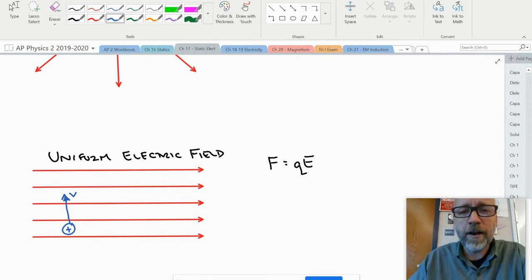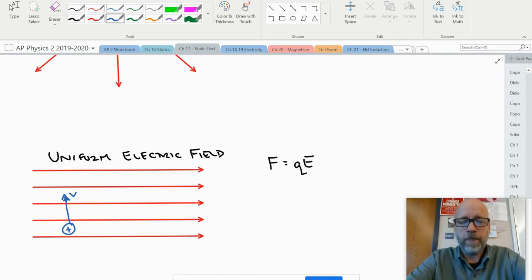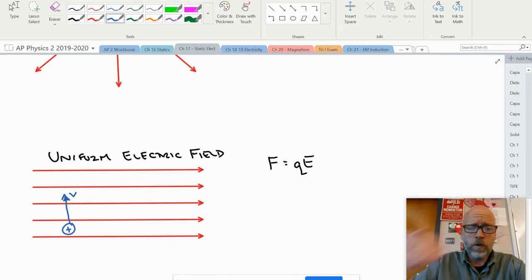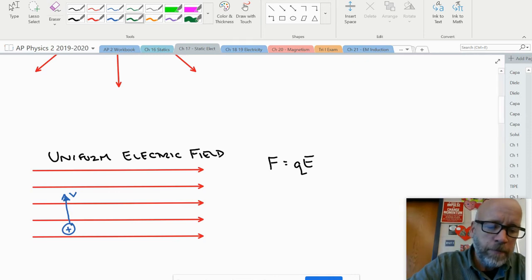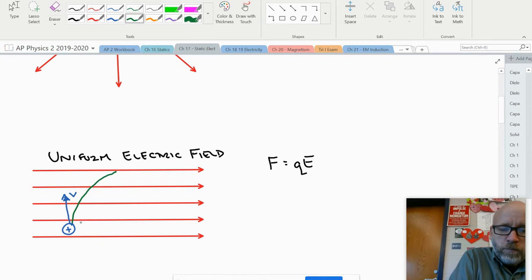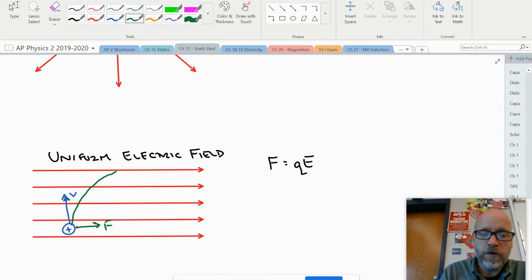You know, show me with your hands. Yeah, it's going to go whoop, whoop. It's going to be parabolic, right? Because the key is that the force is perpendicular to the velocity at first. And that force is going to continue to cause it.